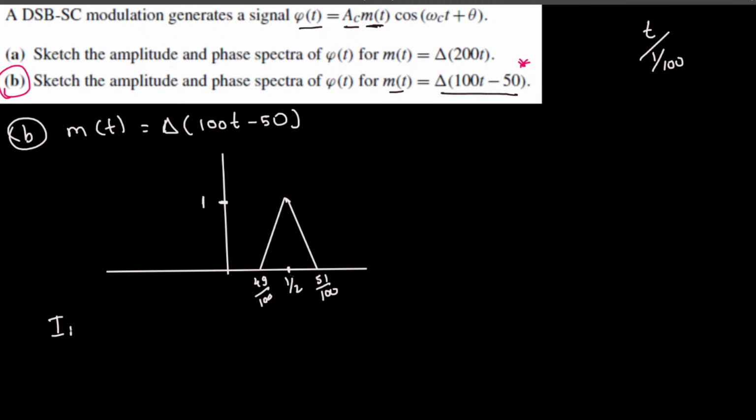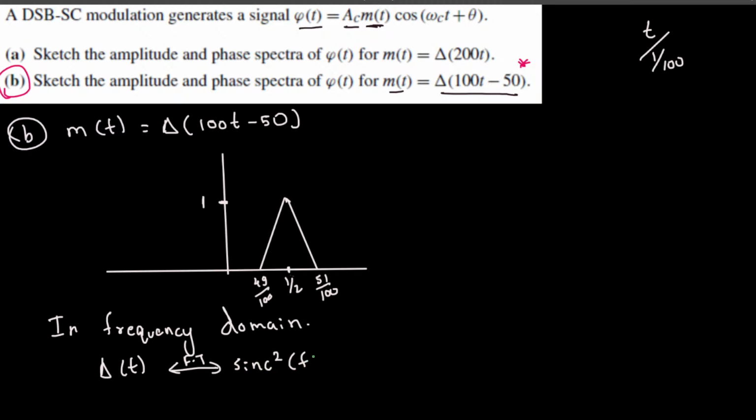In the frequency domain, the Fourier transform of triangular of t is sinc square of f, and then for triangular of 100t, the Fourier transform is 1 over 100 sinc square of f over 100.